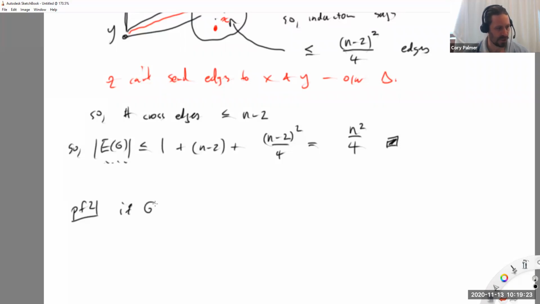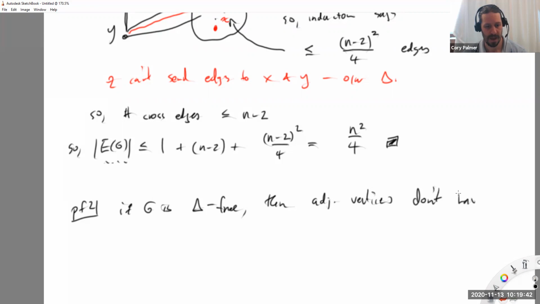We're given G that is triangle free, then let's make the following observation. Adjacent vertices, so vertices joined by an edge, don't have a common neighbor. We actually just observed that a moment ago.